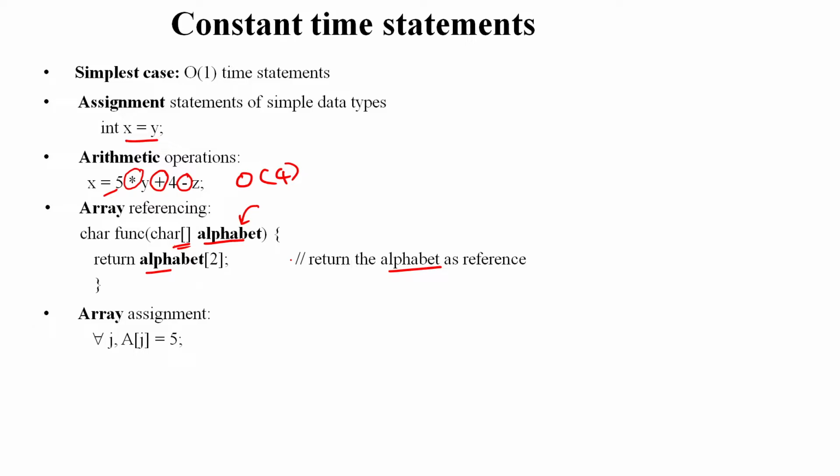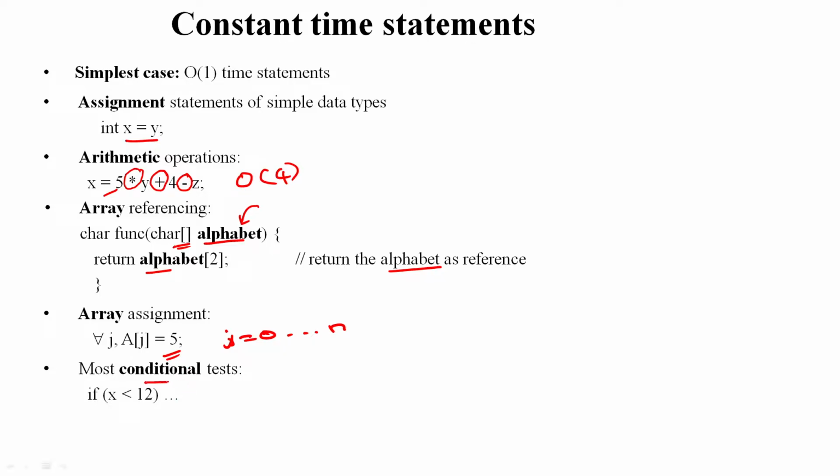Then array assignment. So here for all j, I mean a of j may be from 0 to n: a of 0, a of 1, a of 2, a of 3, any values. So you can assign the value to the array variable, which also consumes constant time.